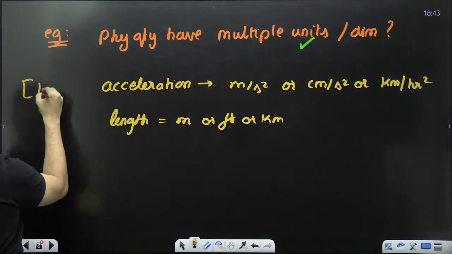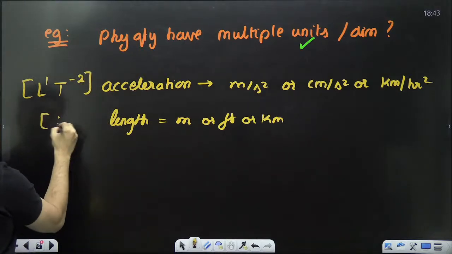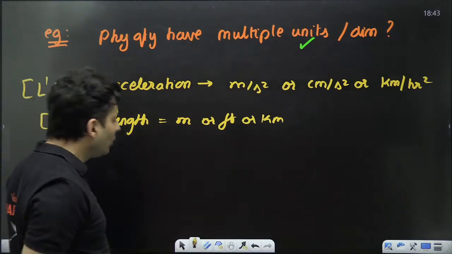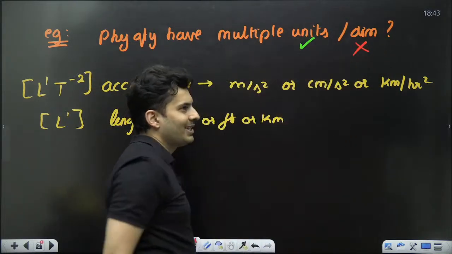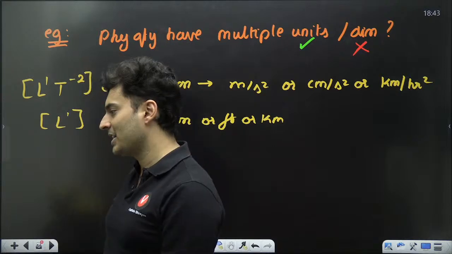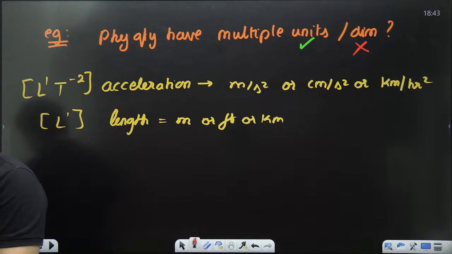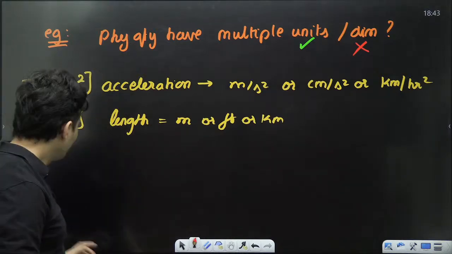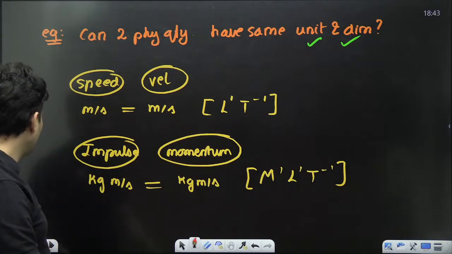It has the dimension of length raised to 1, T raised to -2. Length has a dimension of L raised to 1. There is no doubt about it that it can have only one single dimension. Is that right? Everybody with me? Very good. So that's the difference between units and dimensions. I hope now it is very clear.